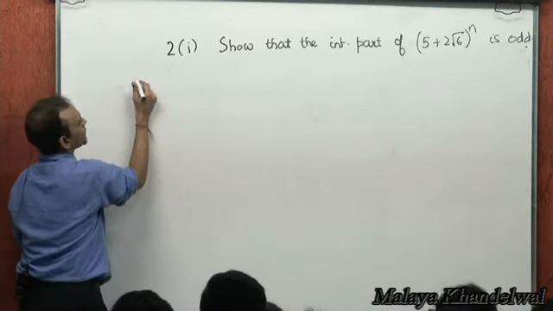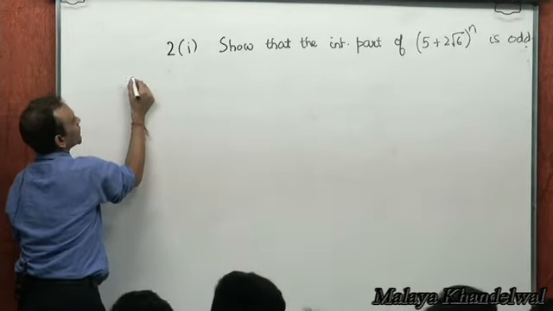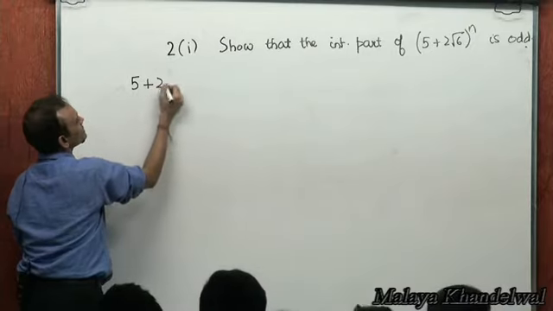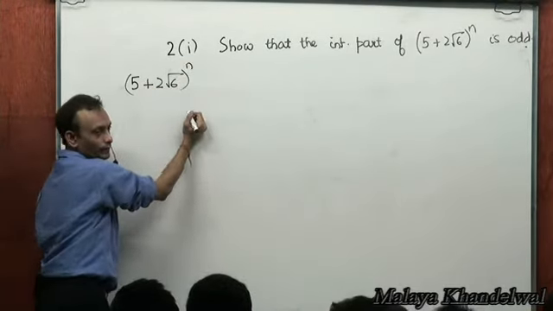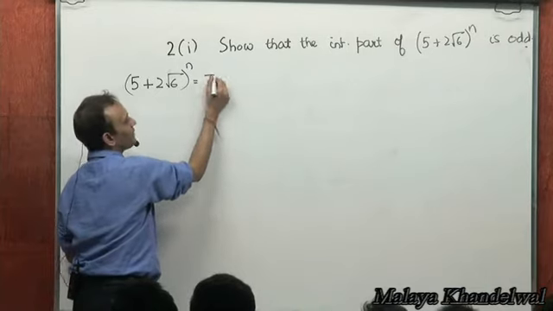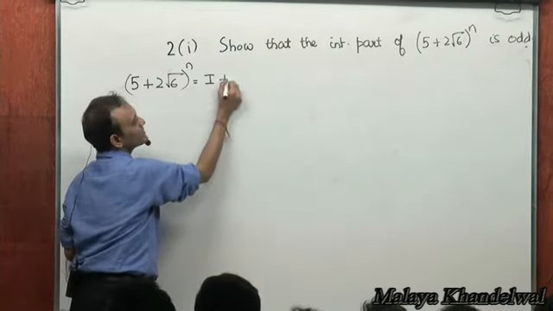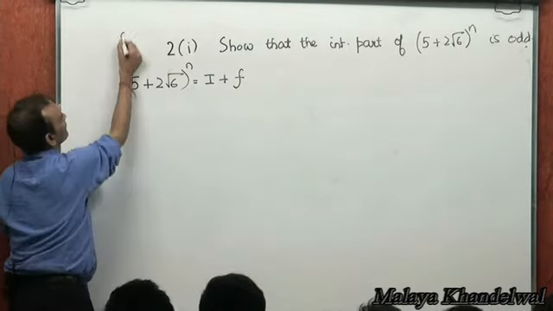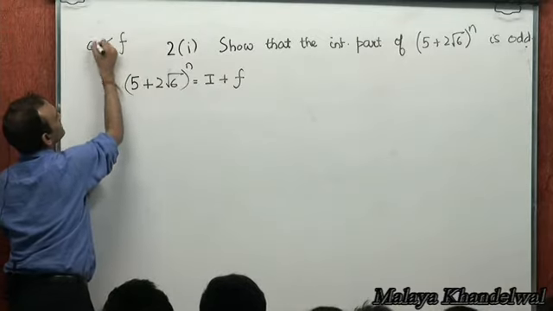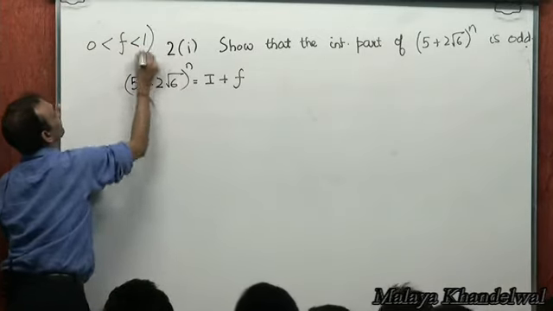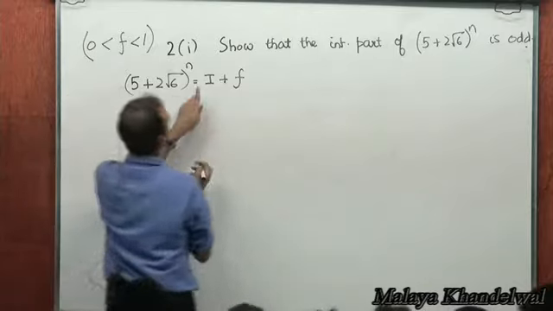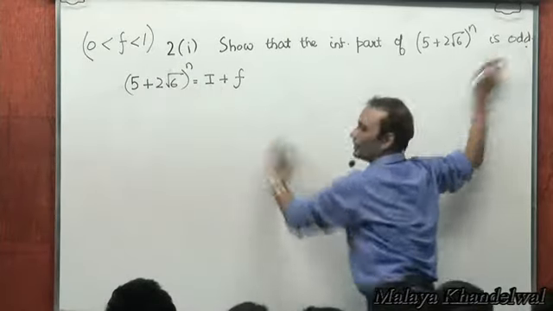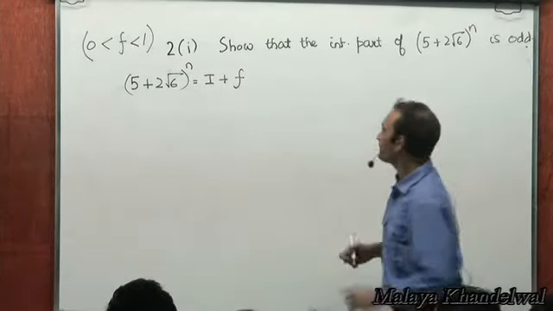See, (5 plus 2 root 6) whole to the power n will have an integer part I plus a fractional part f, where f will be greater than 0 and less than 1. And we want to show that this I will be odd. Okay.